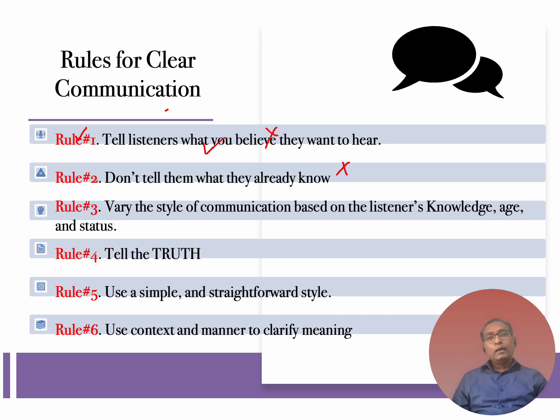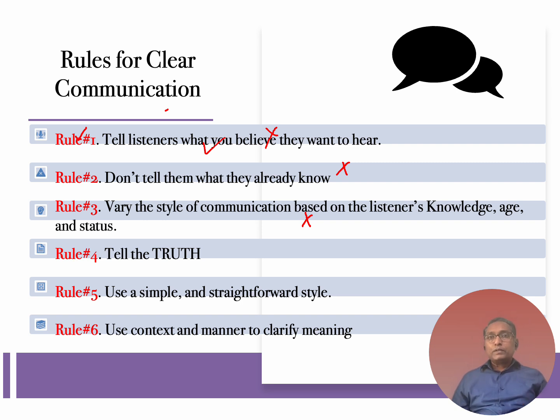Rule number three: change the way you convey information depending on who the listener is. Think about it. If you're trying to explain a concept to a fifth grader versus a college student versus a graduate student versus a teacher, it would be totally different, right?